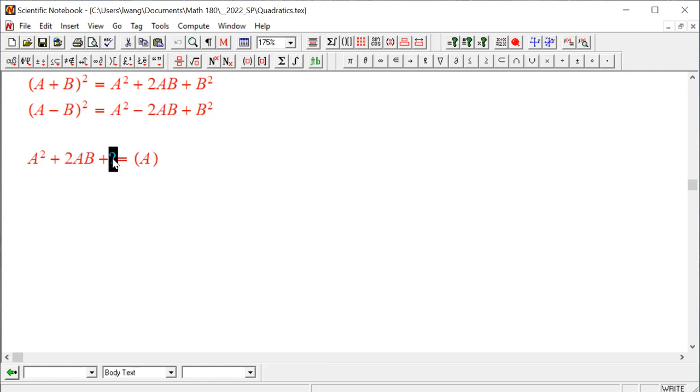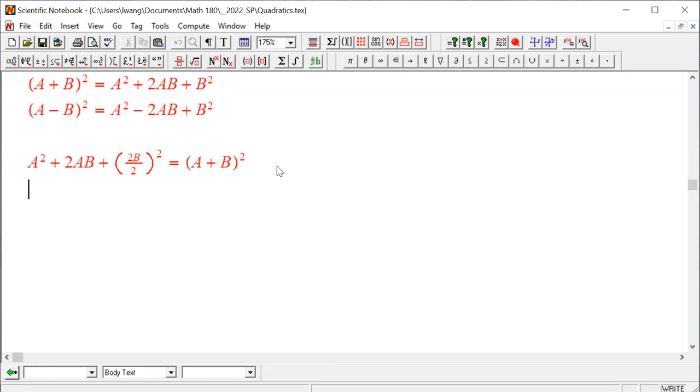So this number should be 2b divided by 2, squared. Okay, so 2b divided by 2 is b squared.